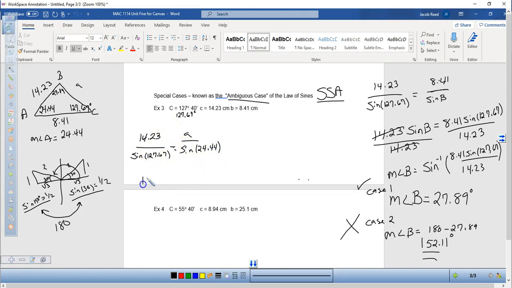Do our multiplying trick. 14.23 sine of 24.44 divided by sine of 127.67, and that would give me little a. So little a, type it in my calculator now, is 7.44, and that's centimeters.